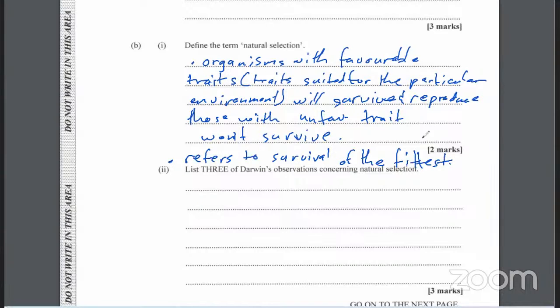Anybody remember Darwin's observation? All right. So there is overpopulation. Within a species, they should be able to reproduce and produce a large amount of offspring, so they should be able to populate themselves. There is variation in each species.